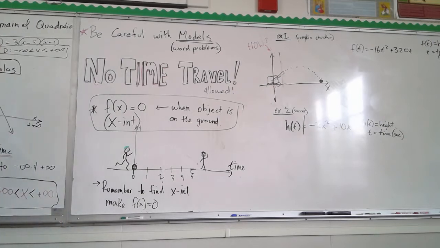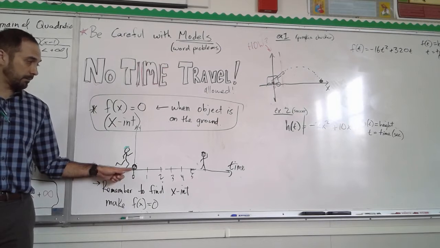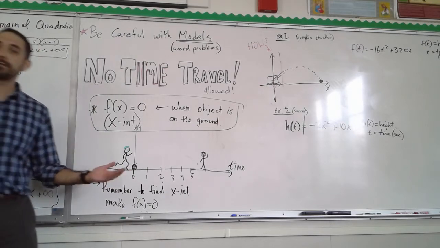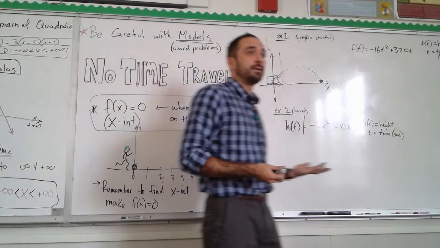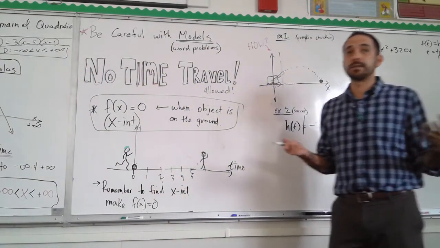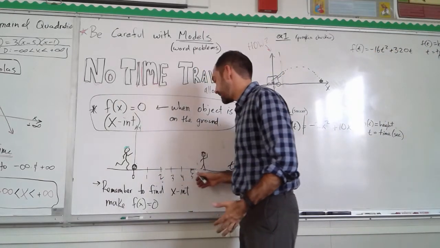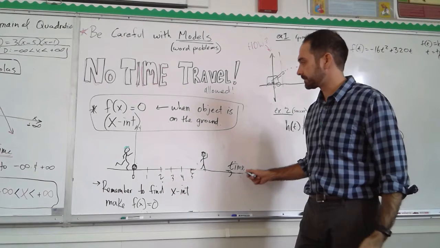Zero. So within the model, we're always going to start our models at time equal to 0, because that's when the event starts. If I'm kicking this ball, I really don't care where the ball is at negative 5 seconds. I want to know where it starts when I kick it at 0, how high it goes, and where it lands as far as time goes. So no time travel.